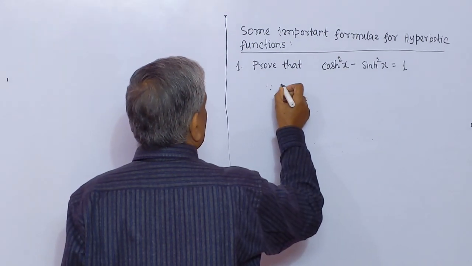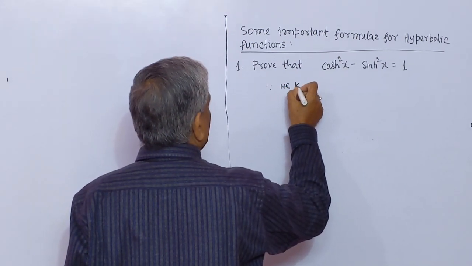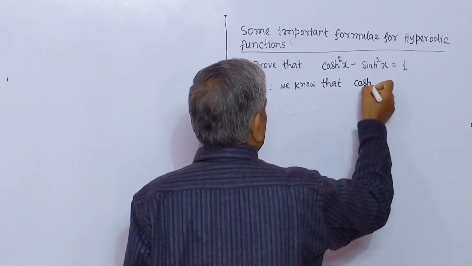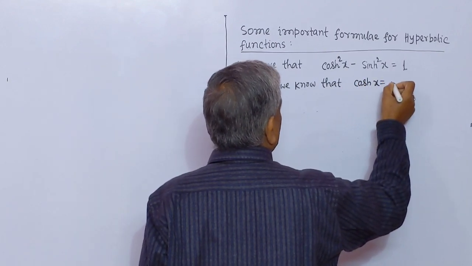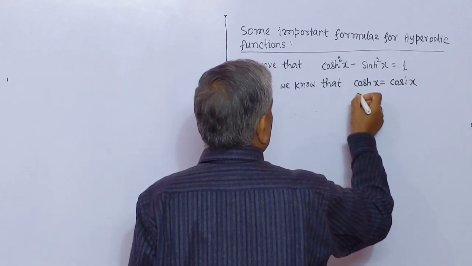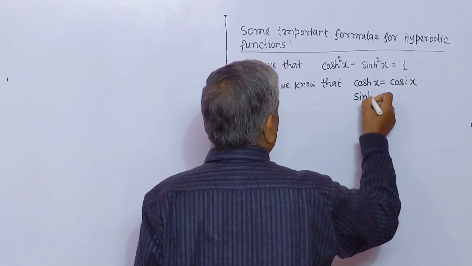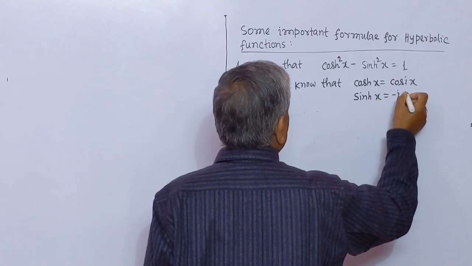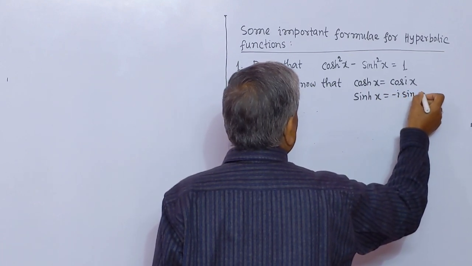Since we know that cosh x equal to cos ix, sinh x equal to minus i sin ix.